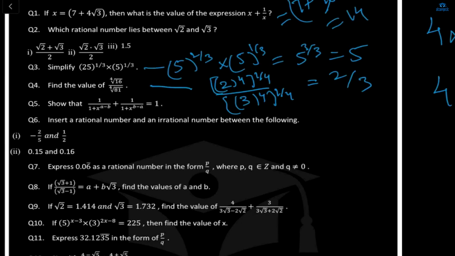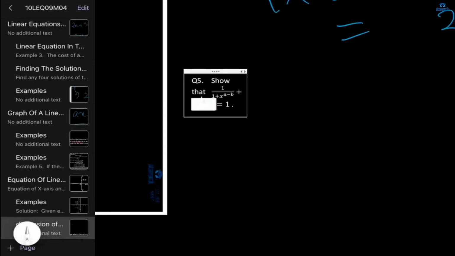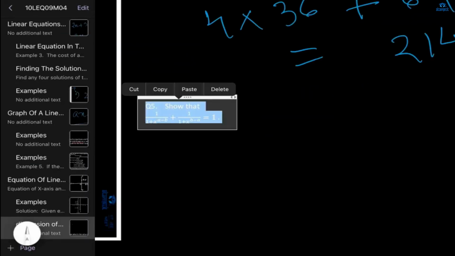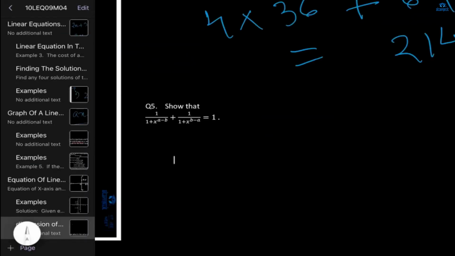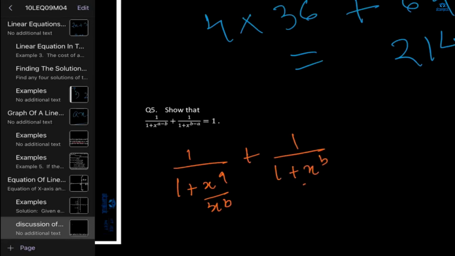Now here, x to the power minus b, minus means it will be in the denominator. So you can write it as 1 upon 1 plus x to the power a upon x to the power b, plus 1 upon 1 plus x to the power b upon x to the power a.